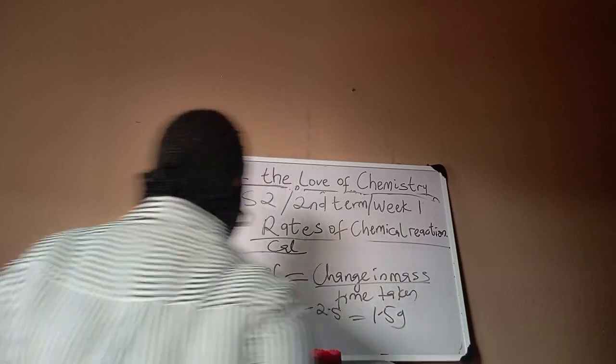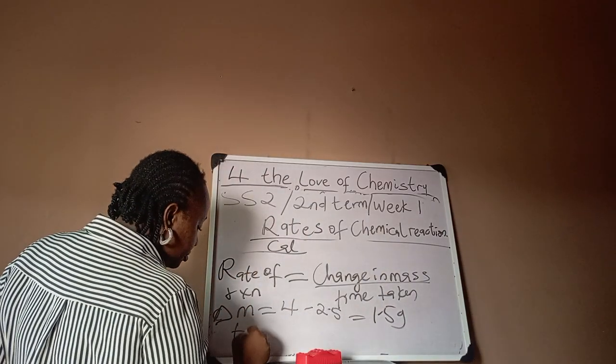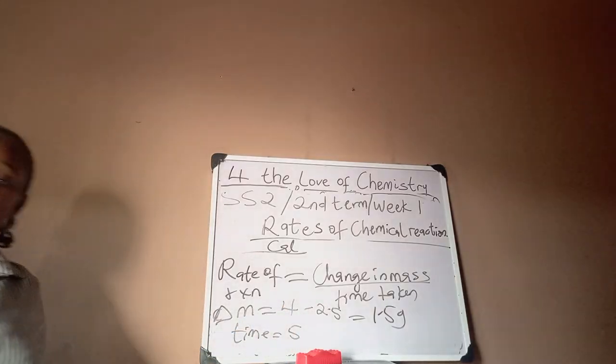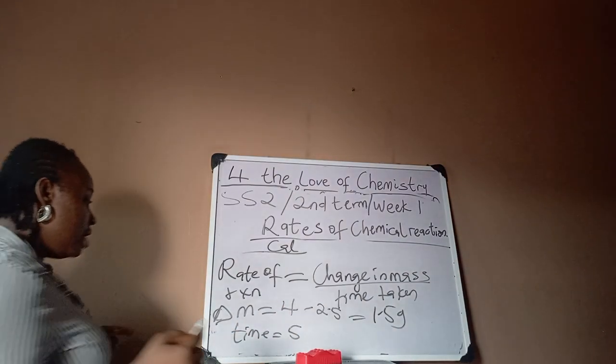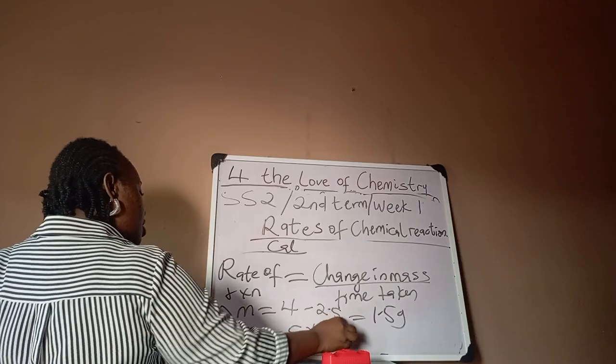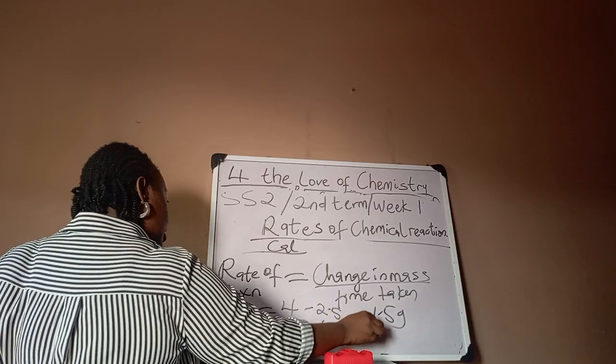So our change in mass will be 4 grams minus 2.5, which will give us 1.5 grams. And then for the time, we have 5 minutes, but we don't solve with minutes, we solve with seconds. So 5 times 60, to change it to seconds, gives us 300 seconds.